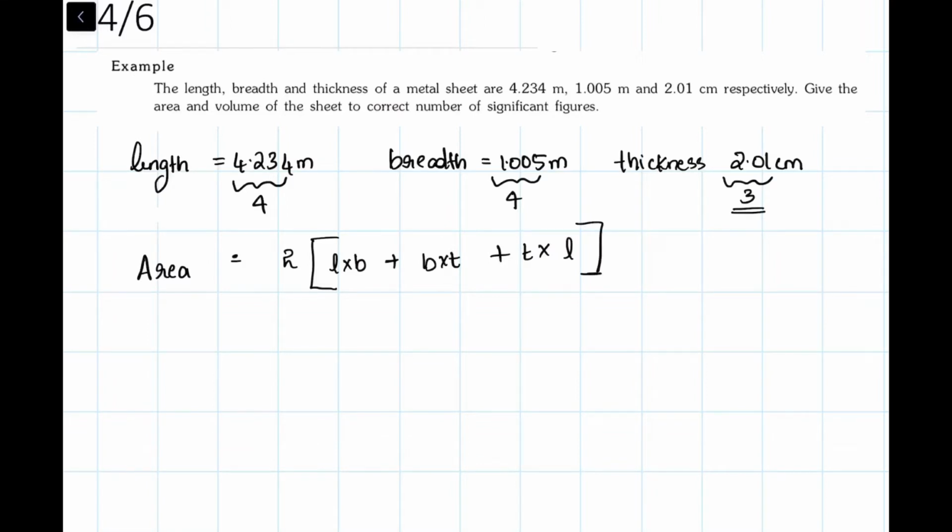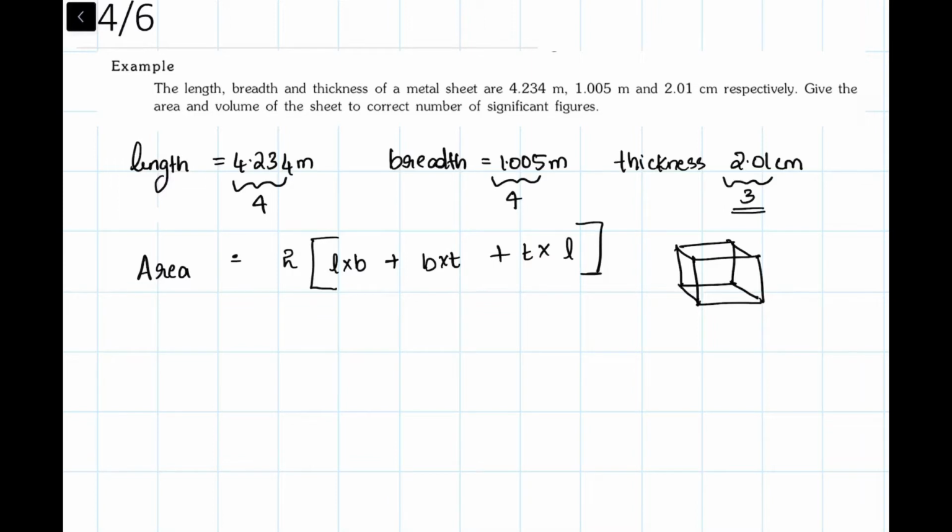Understood? Just visualize it in your mind. There are 6 faces, right? So 2 faces will be having area length into breadth, 2 faces will be having area breadth into thickness, and 2 faces will be having area thickness into length.